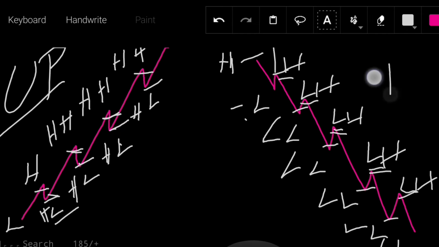That's how a downtrend should be formed. This is the basic structure of a trend. If you get this right, you will get almost everything right. So please make sure you learn this and you are able to draw this without confusion, and if you are able to draw it quickly, it will be better for you when you are day trading.